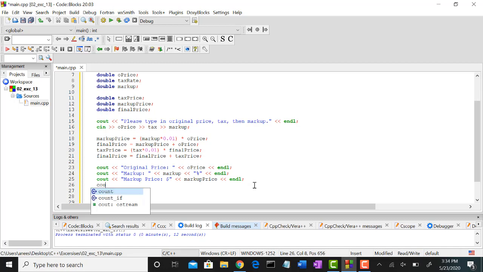Now here we will write another cout statement. This time it will be the tax rate. This will be the tax, and here we will also put in a percent sign.